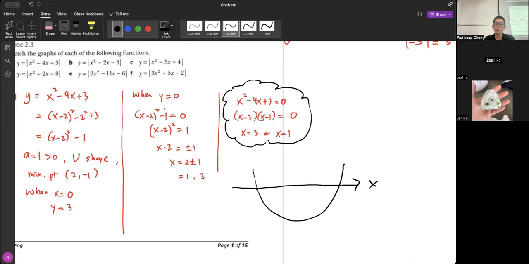What is this point and this point? 1 and 3. And then the y-axis will be here. What is the value of this point? Yes, 3.